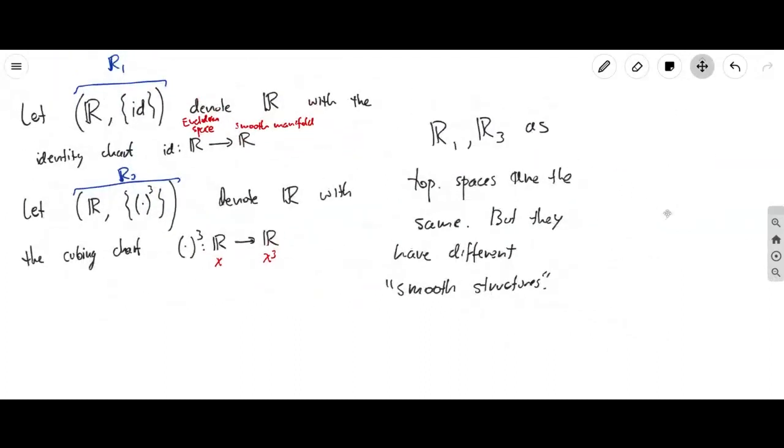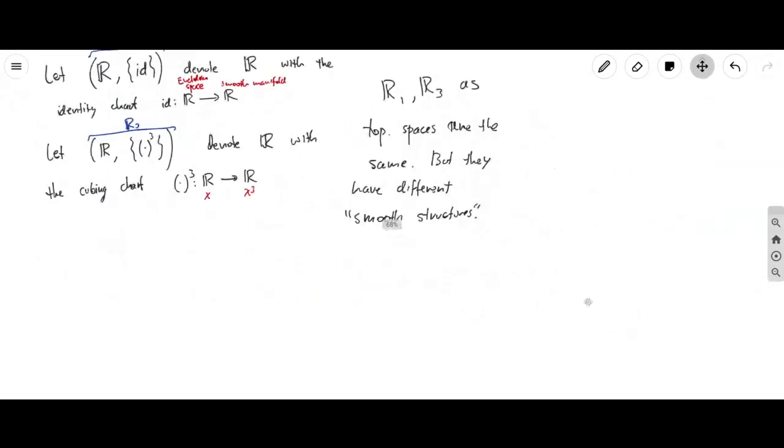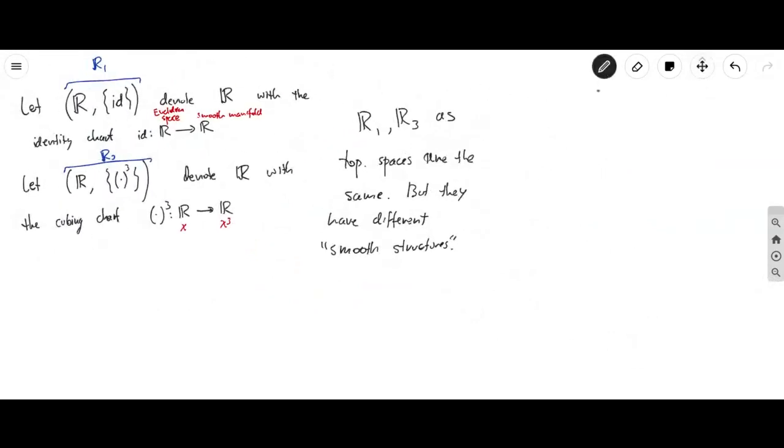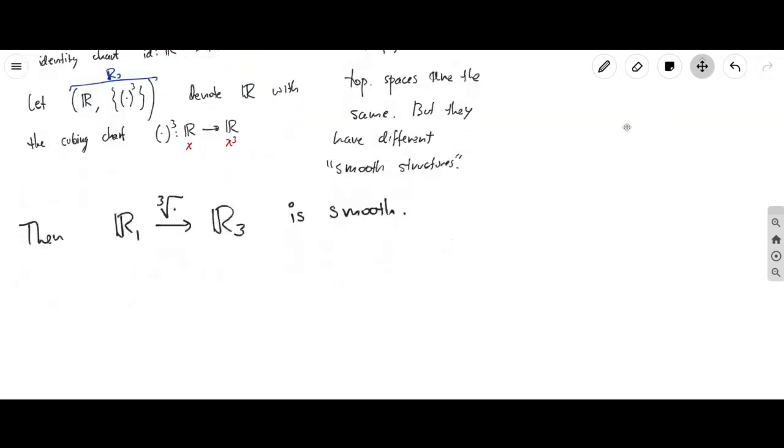And I want to show you something kind of interesting. The map from R1 to R3, and let's say this is the cube root map, is smooth. Why is it smooth? Well, to check that it's smooth, you go back to the definition.